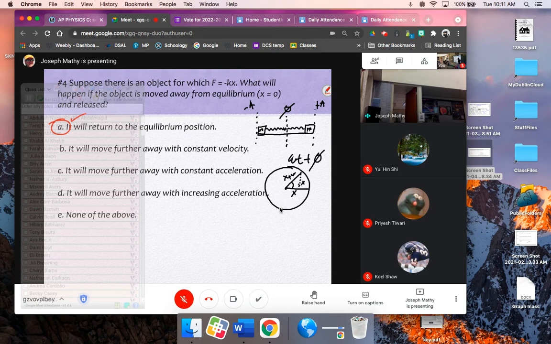Is there ever constant velocity in simple harmonic motion? It will move further away with constant acceleration. Is there constant acceleration? It will move further away with increasing acceleration. If you're moving away from equilibrium, you've got decreasing acceleration.